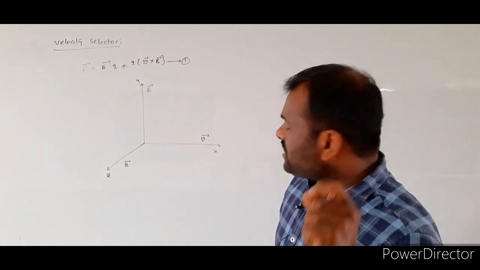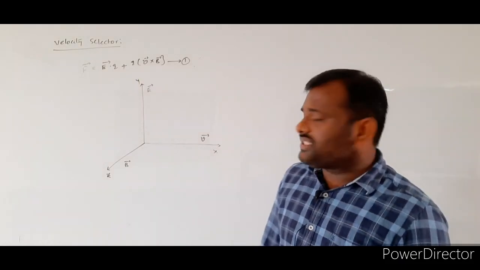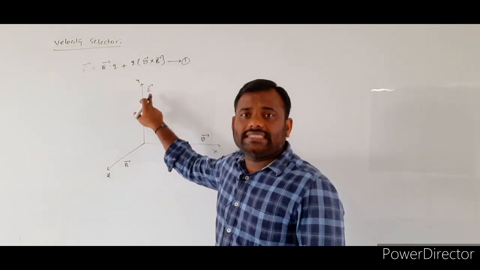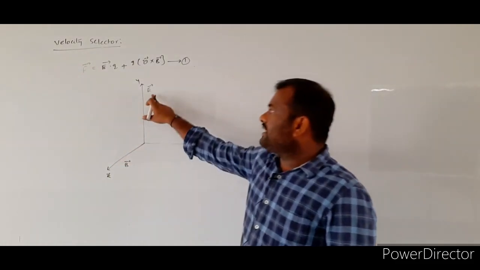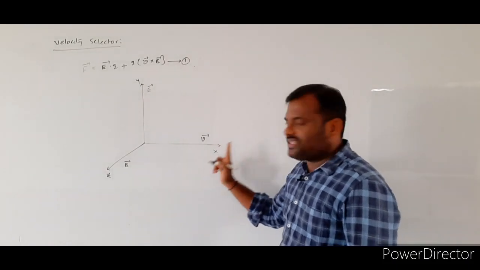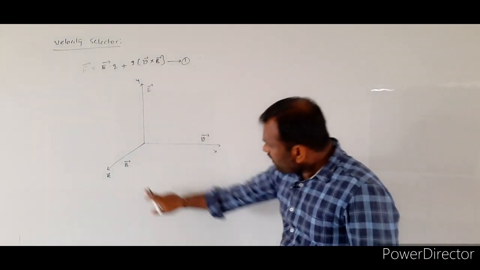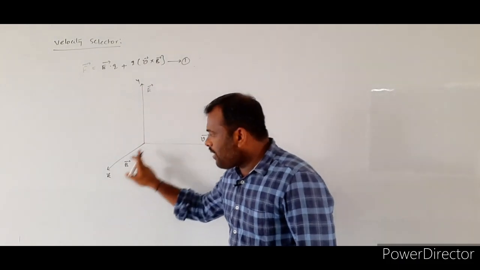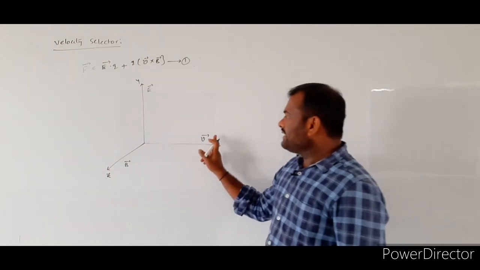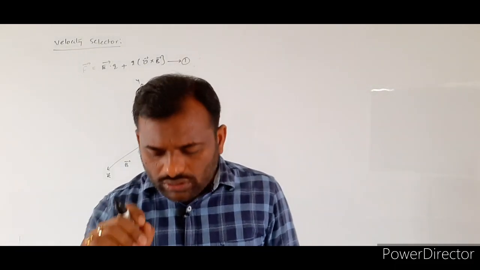So once again, the charged particle travels in a direction perpendicular to both the fields, the electric field as well as the magnetic field. We assume the electric field acts along the y-axis and the charged particle moves along the x-axis. That means v is perpendicular to E. The magnetic field B acts along the positive z-axis and the velocity vector v is along the x-axis, so v and B are also perpendicular to each other.